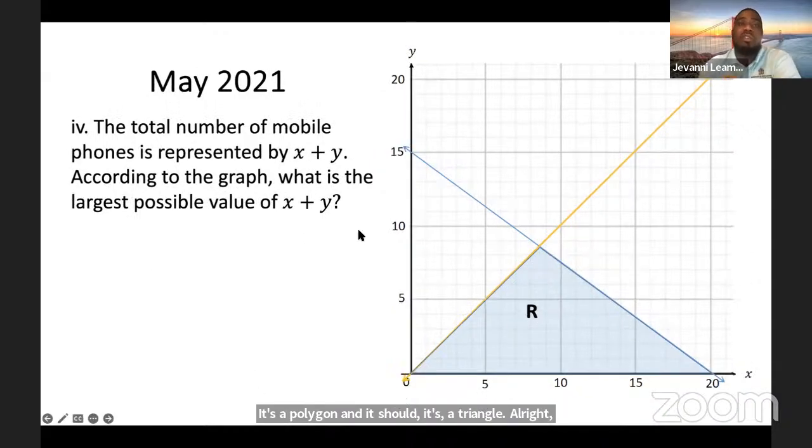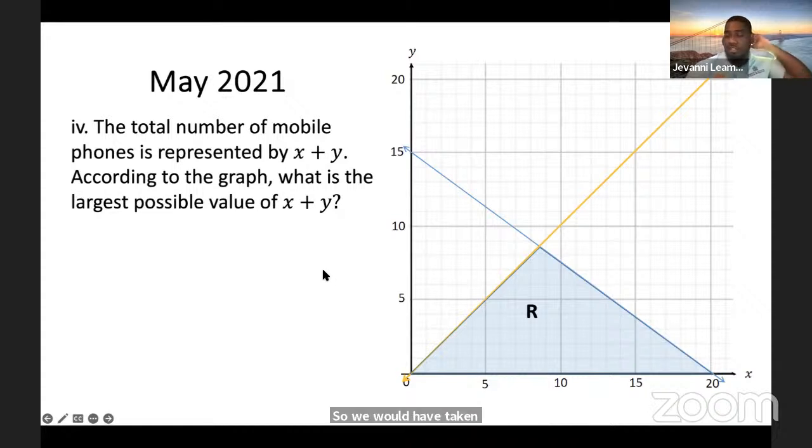Now, back to the question. We are looking at the vertices, right? And we want to find the largest possible value of X added to Y. In other words, the B phones added to the C flex mobile phones. So we would have taken into consideration the vertices, right?